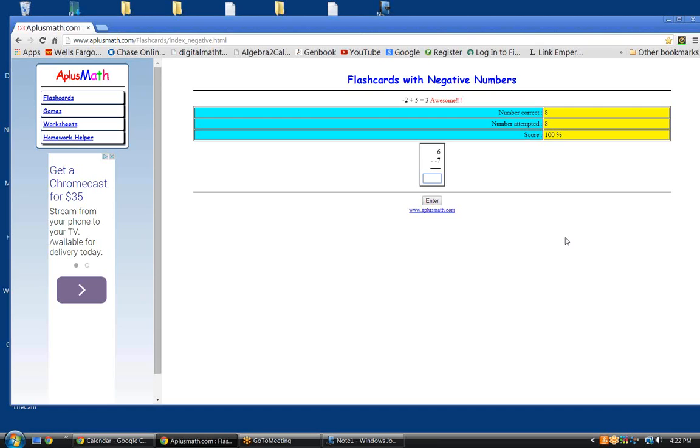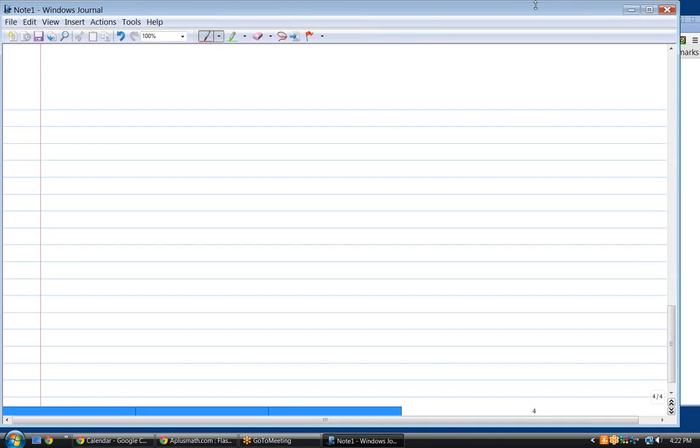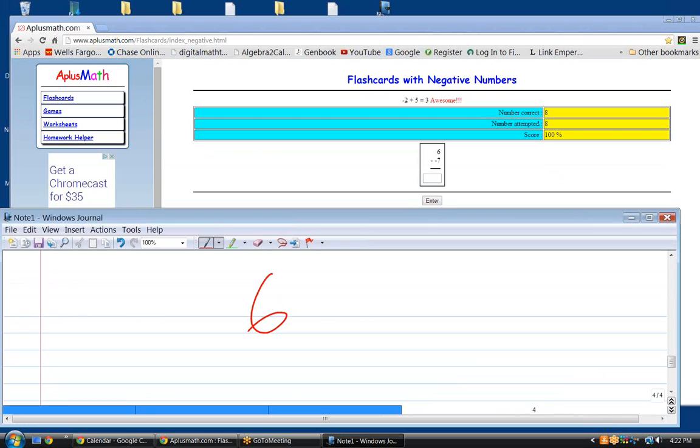Negative 1. 6 minus a minus 7. When you have two minuses in a row like that, they become a plus. Whether you're adding, subtracting, multiplying, or dividing, when you have two minuses in a row, it becomes a plus. So that is the same as 6 plus 7, 13.